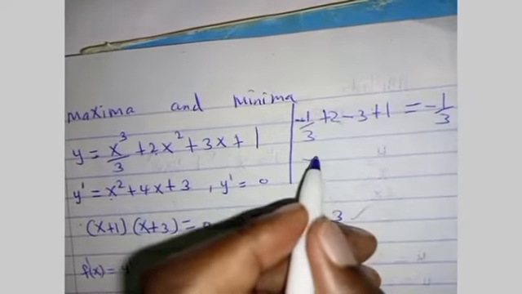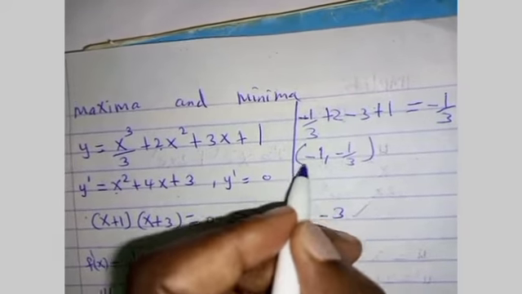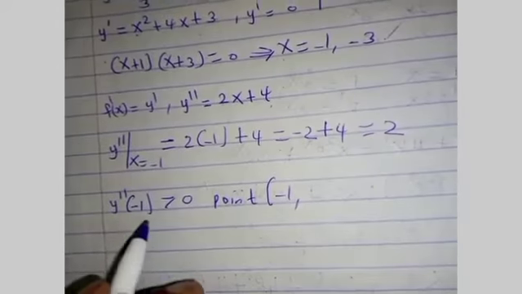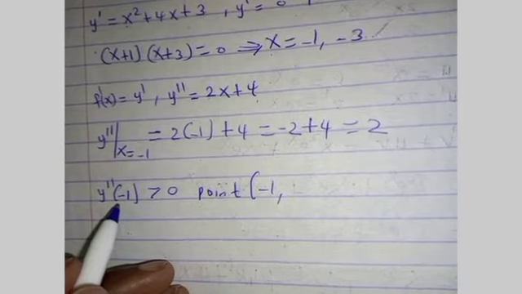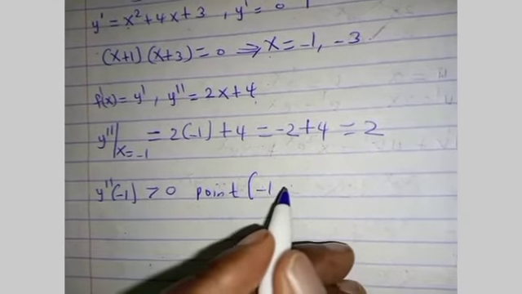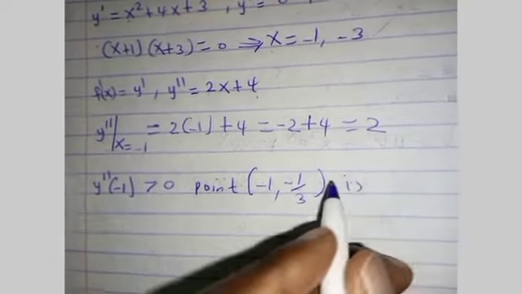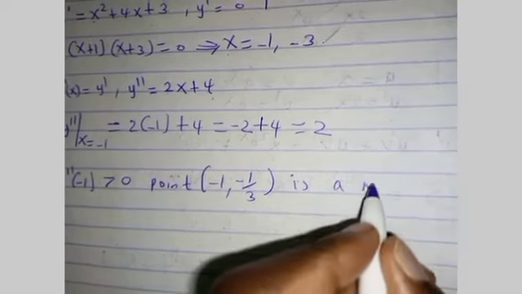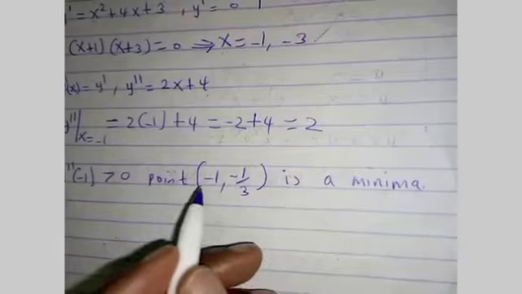So we have the point -1 and negative one-third. So since here we have found that the second derivative of this function at x is equal to -1 is greater than 0, then it means point -1 and negative one-third is a minima point. So this point is a minima point.